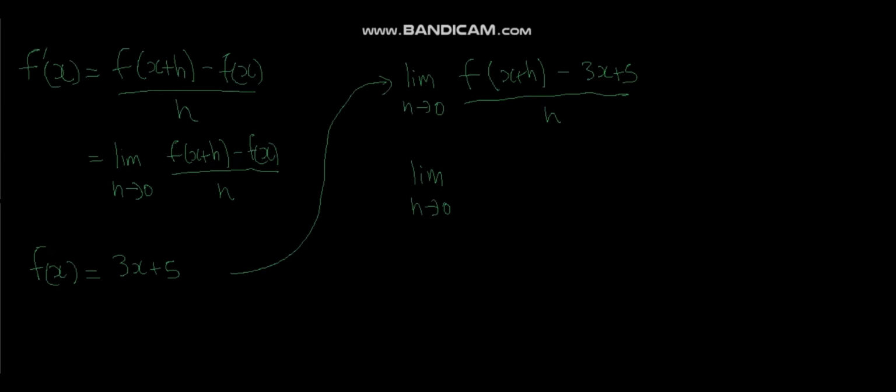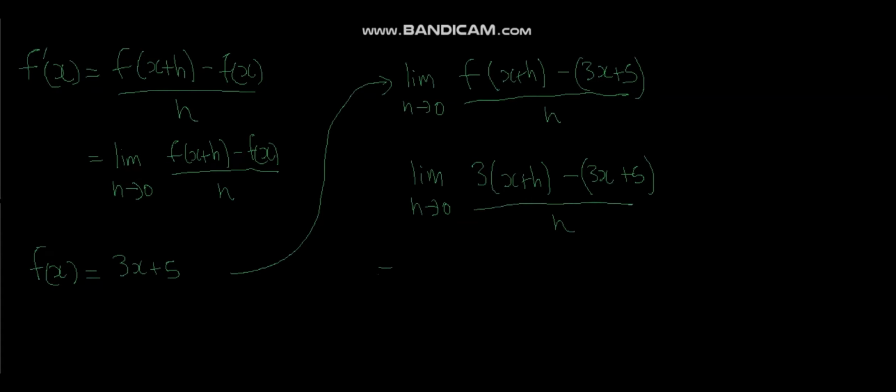It's like substitution in normal functions. So we go 3 times x plus h, minus 3x plus 5. Put this in brackets, all over h.